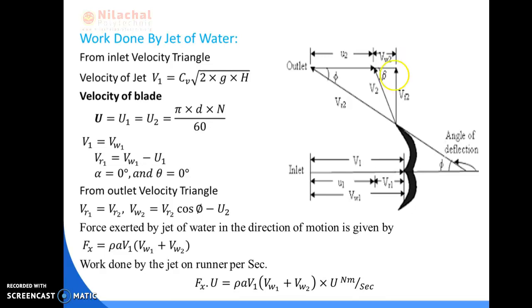Now Vw2 is equal to Vr2 cos phi minus U2. This is the value you have to obtain. So Vw2 is equal to Vr2 cos phi minus U2.